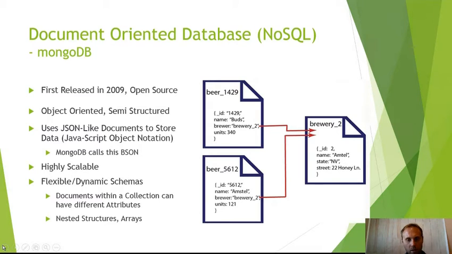And it accepts all different types of data formats in a document. So it's very flexible, and the documents don't all have to have the same attributes within a collection. They can be changed and updated and added on the fly, which is great for agile web development.